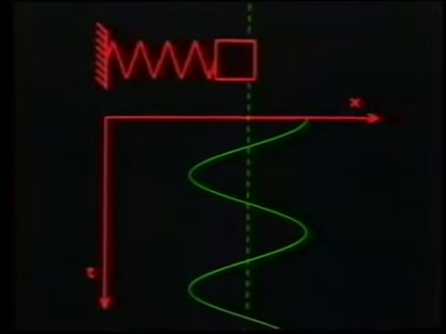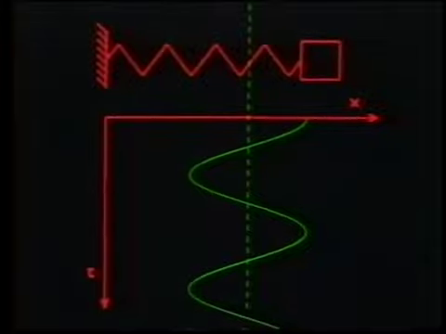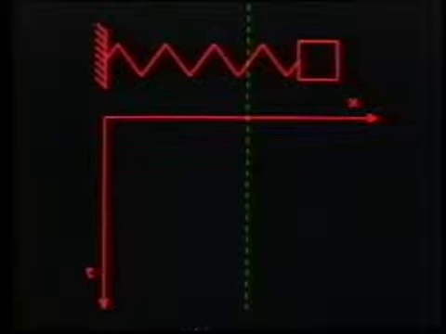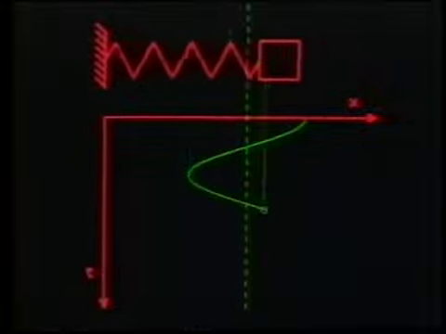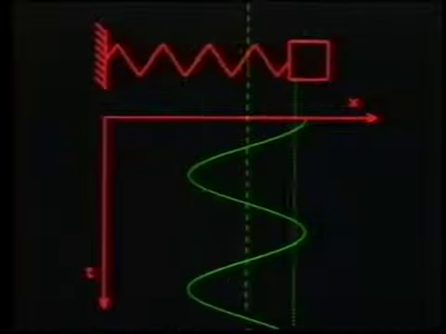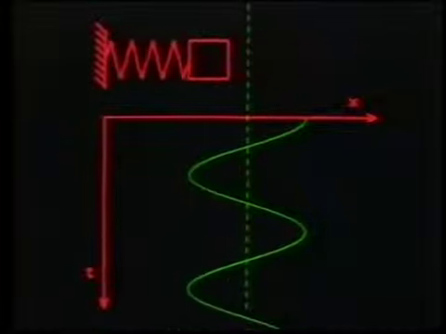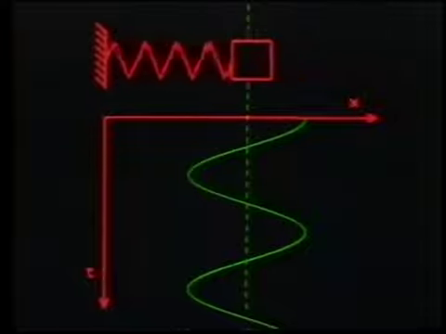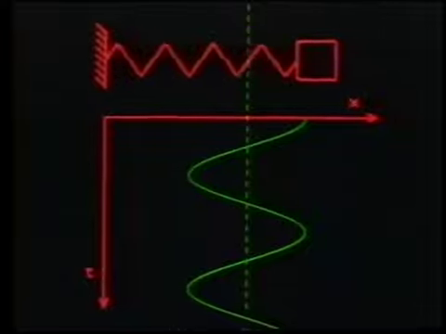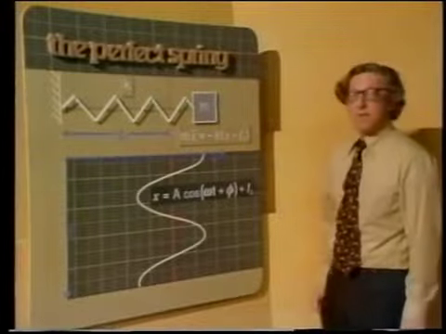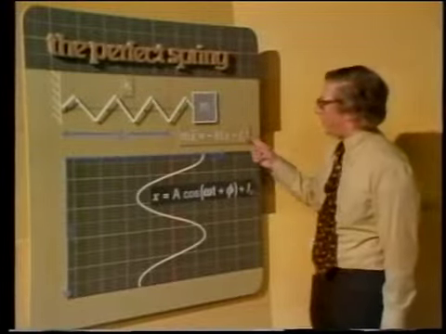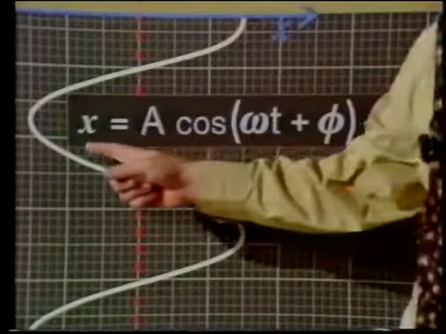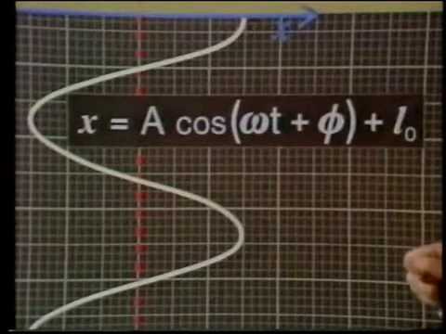This is the solution for the initial conditions we used. The general solution to this differential equation is of this form. X is just a cosine function of time.